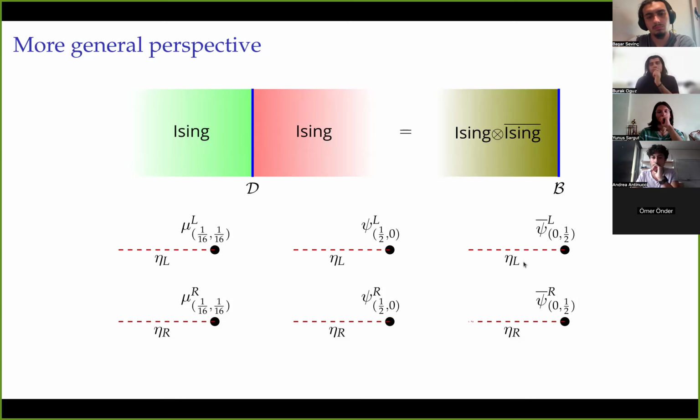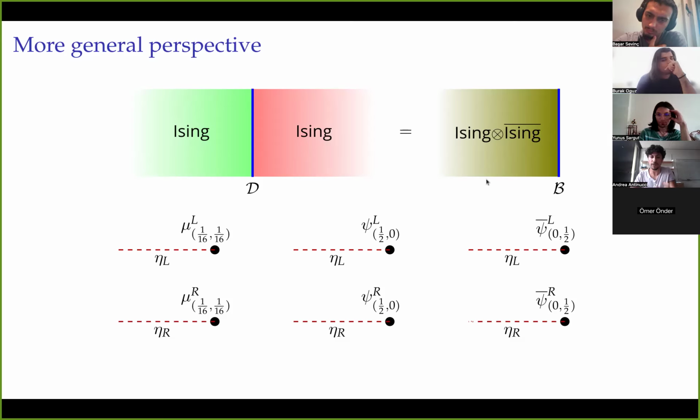So when you do this folding, in the orientation reversal, basically what happens is that each primary exchanges what is h and what is h bar. So this psi R here without the bar comes from the psi bar of the other copy of the Ising model.